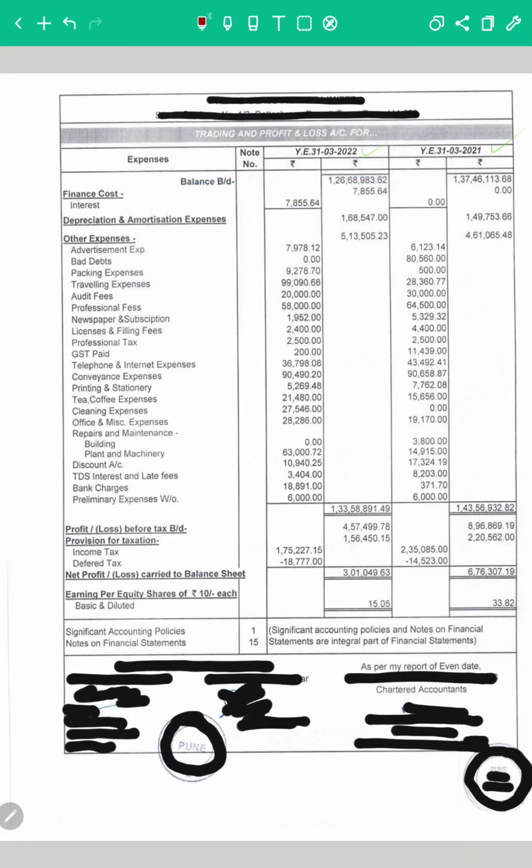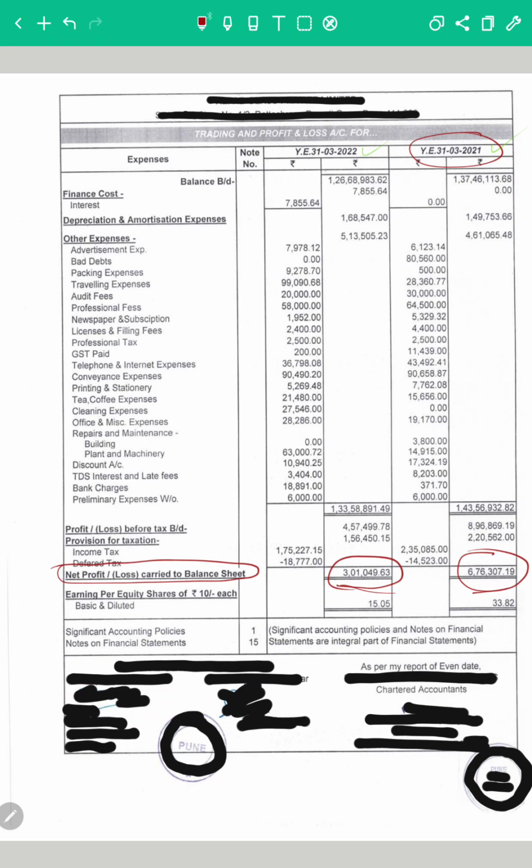Now we have to first see the net profit. You can see here net profit carried to the balance sheet. So net profit for financial year ending 2022 is 3,01,449.63, and likewise for financial year 21 it is 6,76,307 rupees. Now these two we have to note down, right?